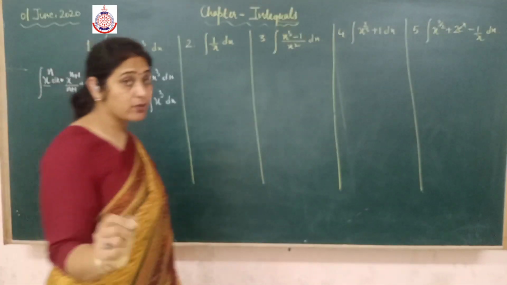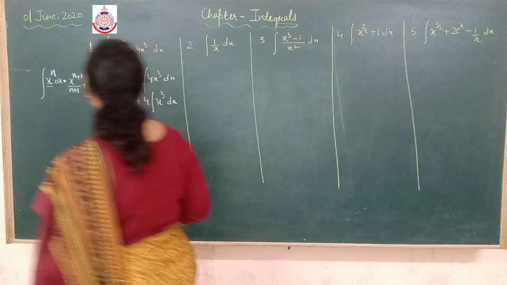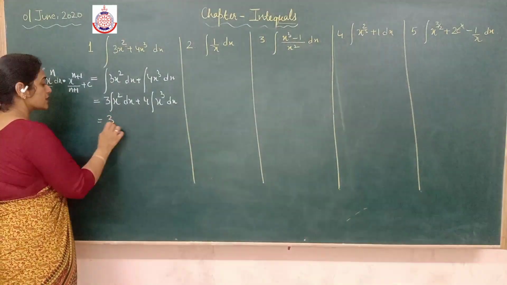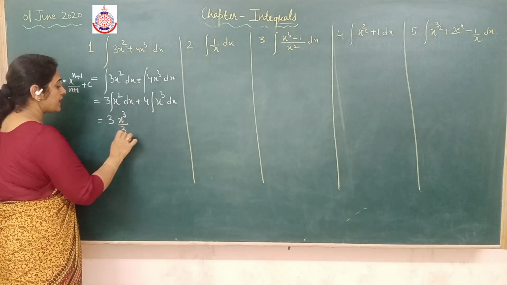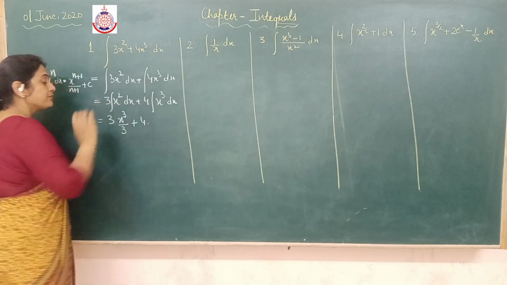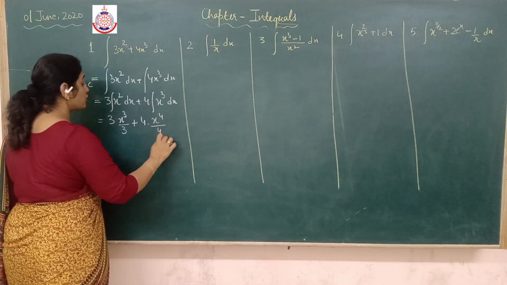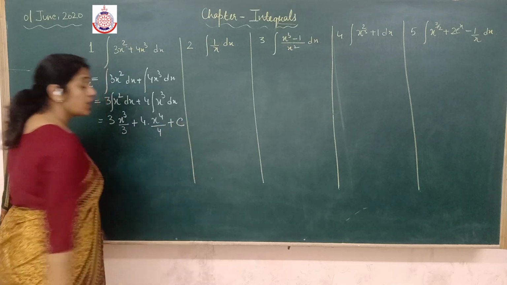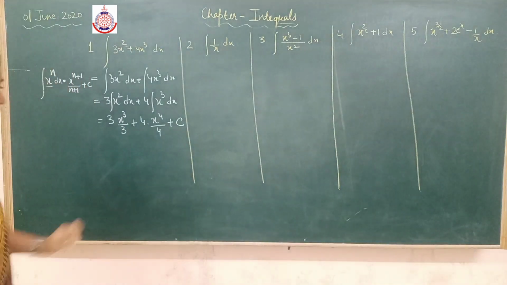Right, now I am writing the formulas along, but it has to be learned by the next lecture by all of you. That means the power is 2, increase the power by 1, that is 3 divided by 3. Alright, next 4 as it is, x raised to power 3, it becomes 4 plus 4, and the very important is plus c, because we are dealing with indefinite integration.